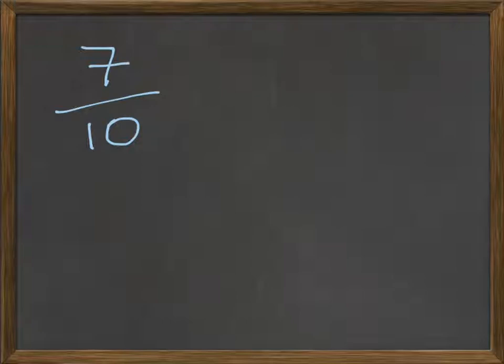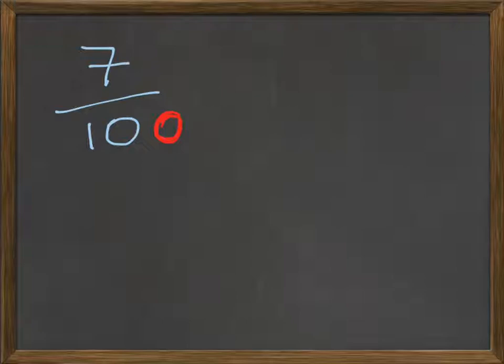So let's have a look at this then. 7/10. Now, this again we can do quite easily, because 7/10 we can do in two ways. We can think, oh, I can turn this into hundredths. So if I turn 7/10 into hundredths, I've turned the bottom one into a hundred, so I multiplied it by 10.